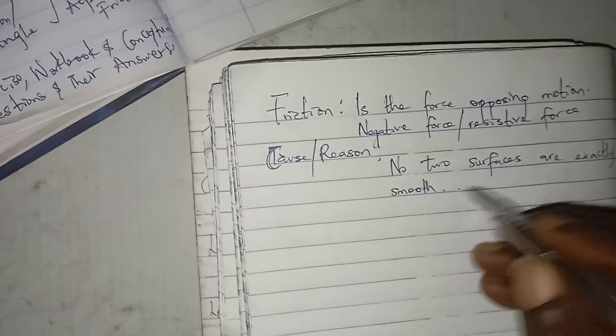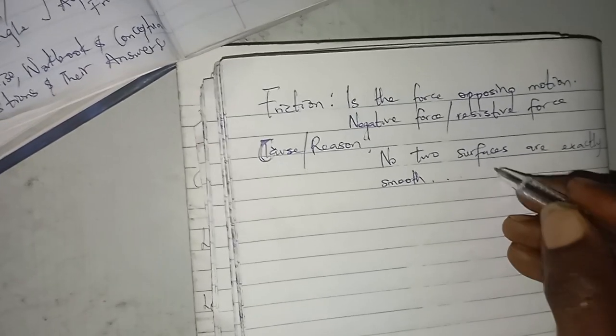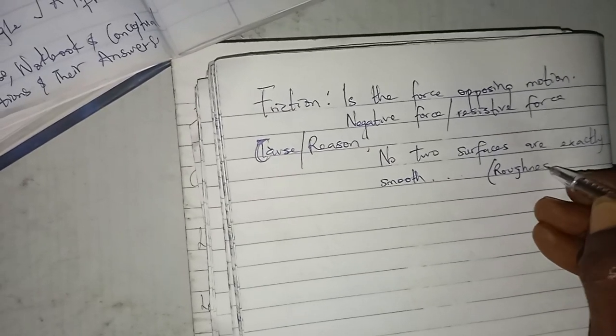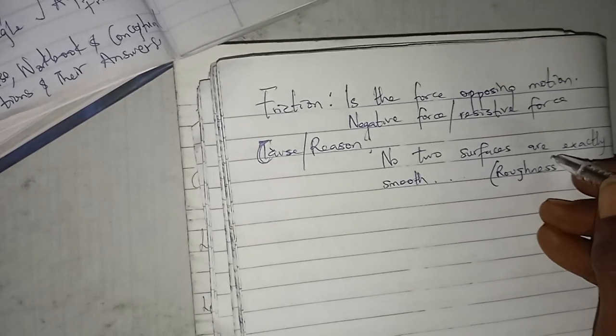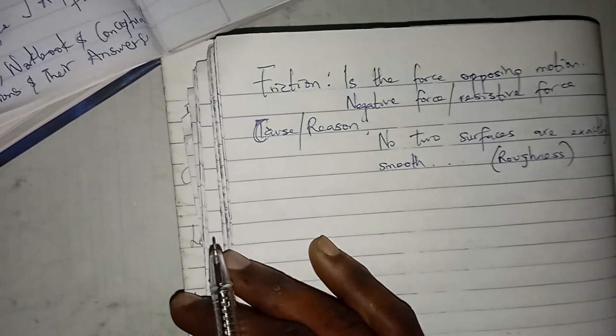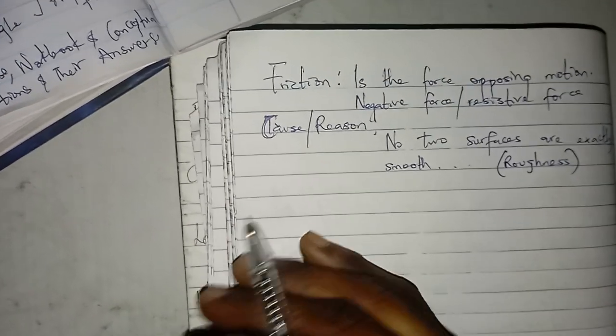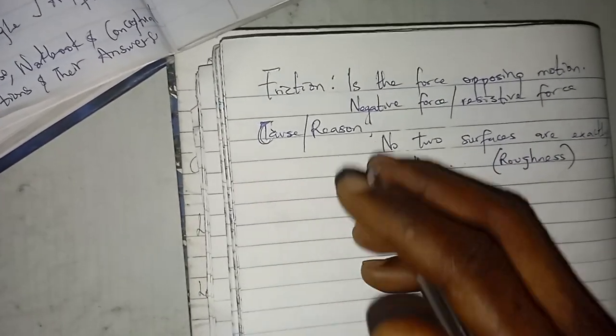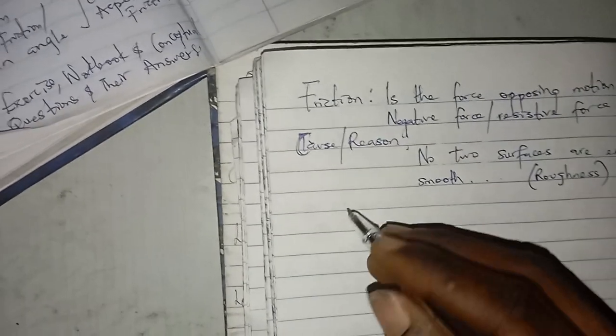So no two surfaces are exactly smooth. That's why. So the reason for friction is actually roughness, be it on a large scale level or on a microscopic level. So it's roughness that causes it.